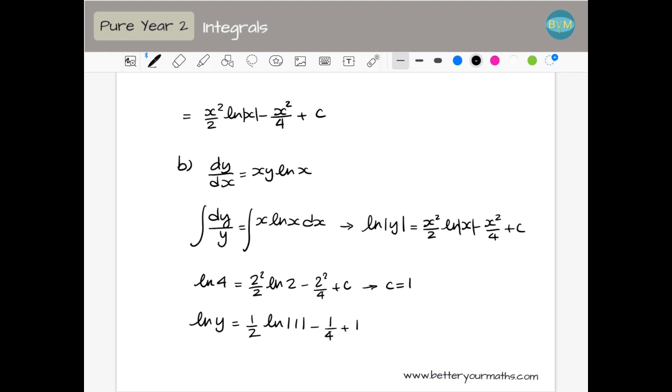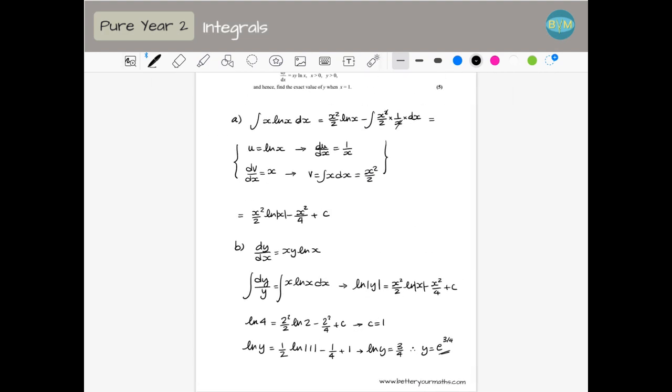This is 0 because ln of 1 is 0, and then I have 1 minus 1 quarter is 3 quarters. So I have the ln y is 3 quarters, which means that y is e to the power of 3 quarters. And that's my exact value.